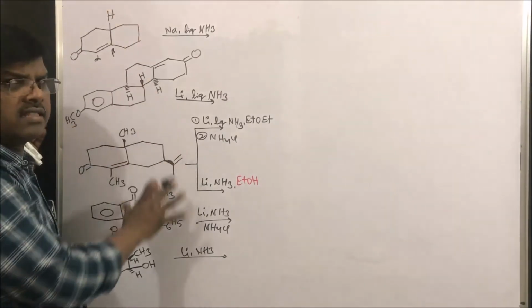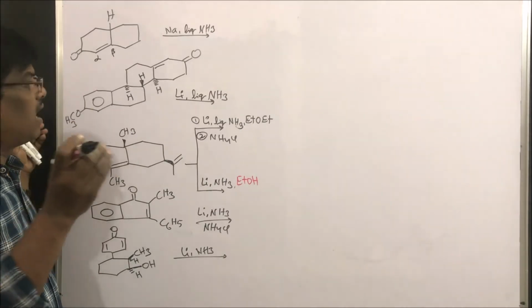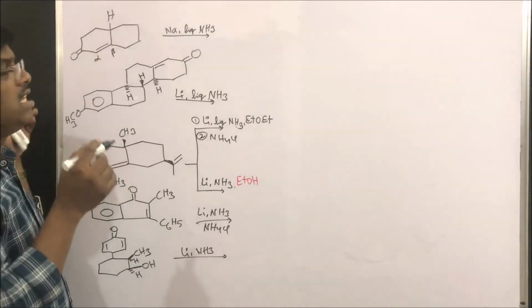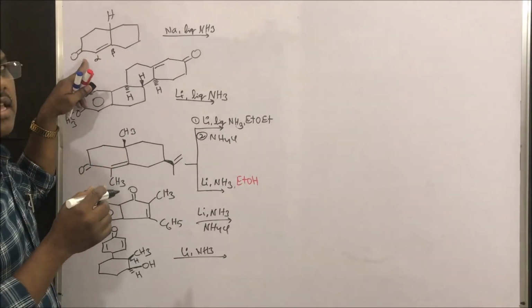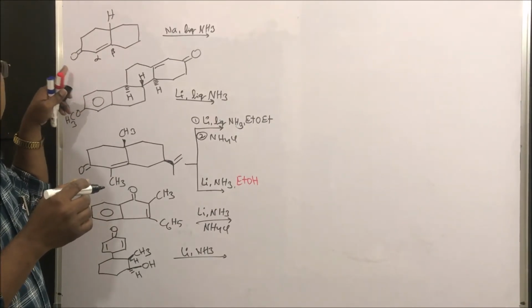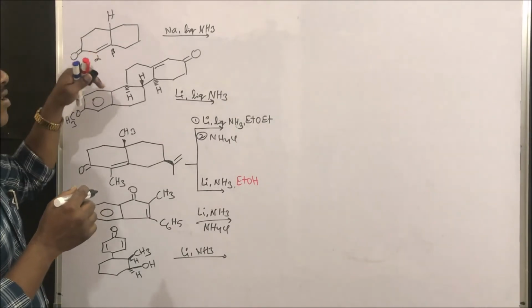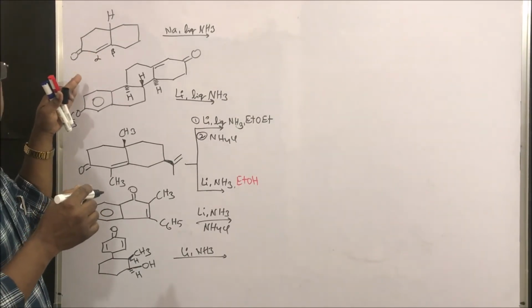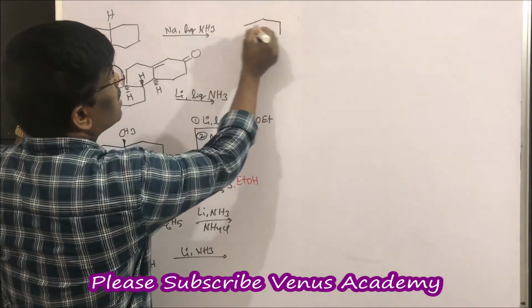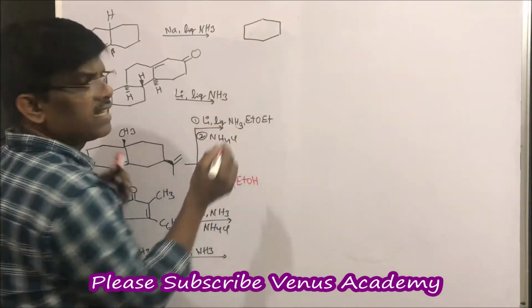So in all these compounds, either aromatic compounds or conjugated dienes, or in these compounds, this is double bond, this is double bond. These two are separated with only one CC single bond. That means these double bonds are conjugated double bonds. If I put here CH2, this is a conjugated diene. So similar to that, it is also a conjugated diene. Since I am saying conjugated dienes, what happens?